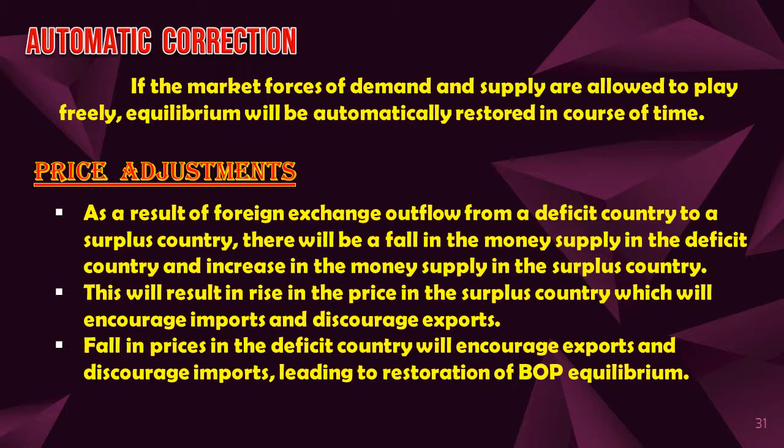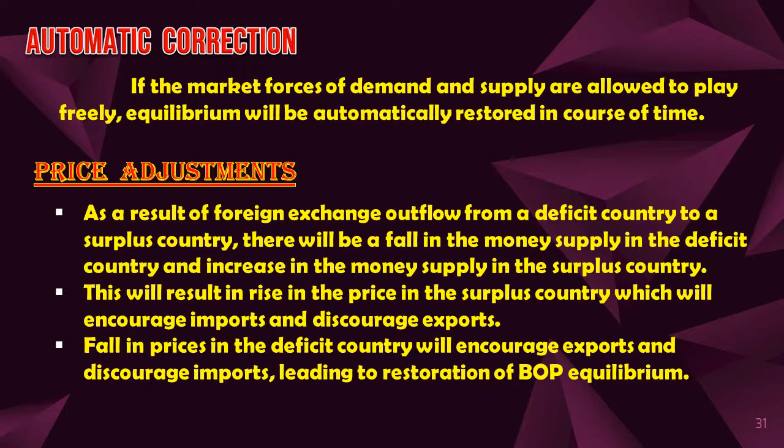As a result of foreign exchange outflow from a deficit country to a surplus country, what will happen? There will be a fall in the money supply in the deficit country and an increase in the money supply in the surplus country.